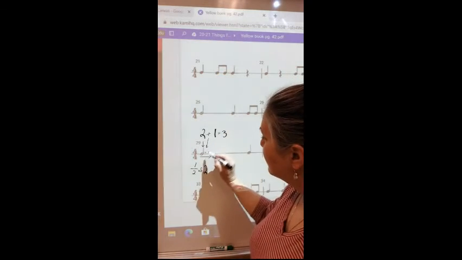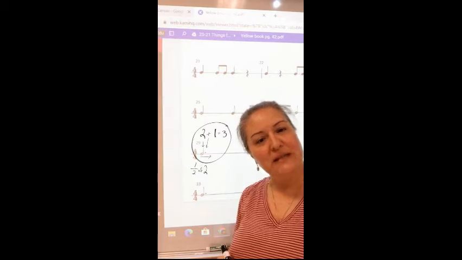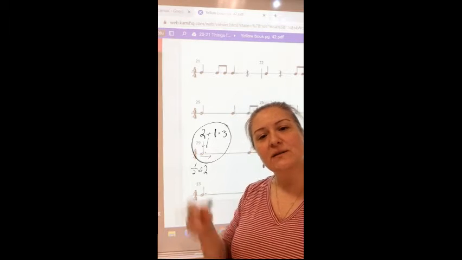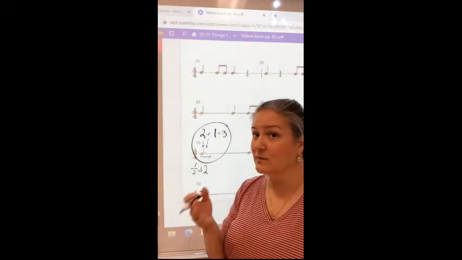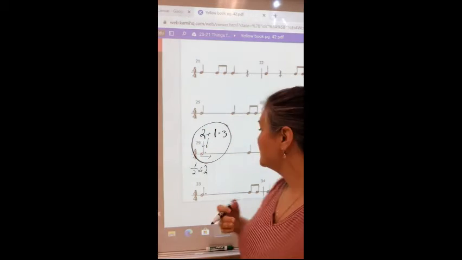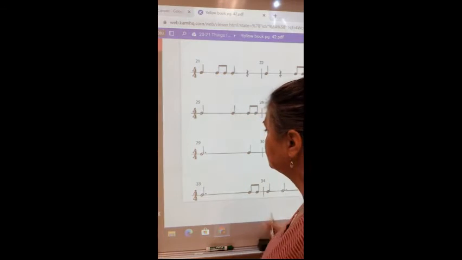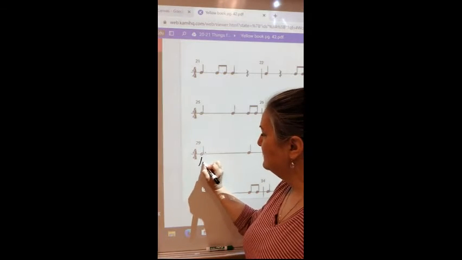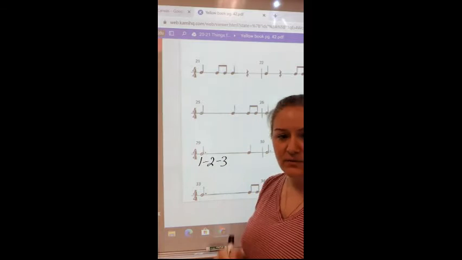So this dotted half note right here is equal to 3 beats. So instead of a half note that you go ta, where it gets 2 beats, now you get 3 beats of it. Ta. Okay? So when you write in your numbers on number 29, you would write 1-2-3 because it's 3 beats long.